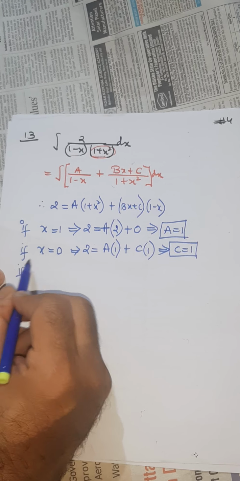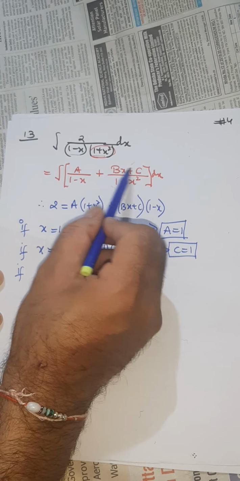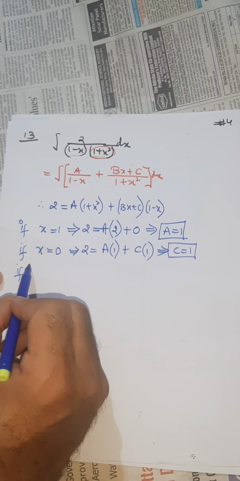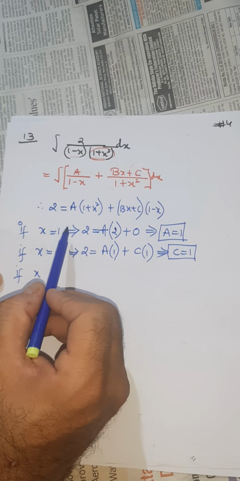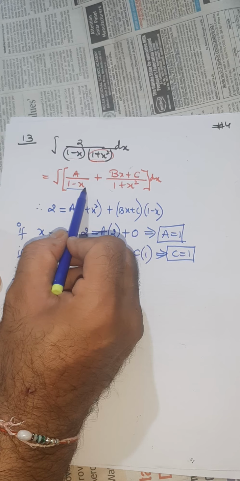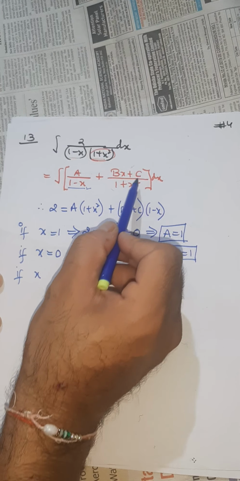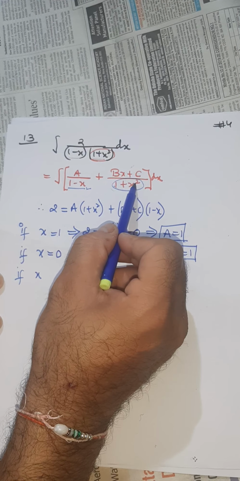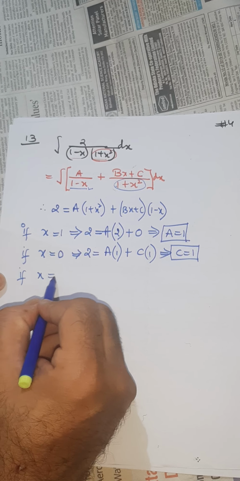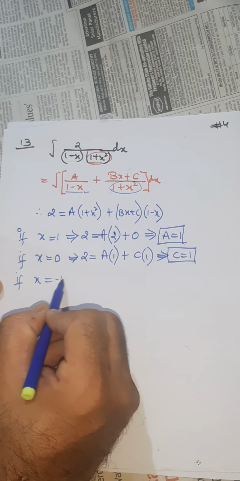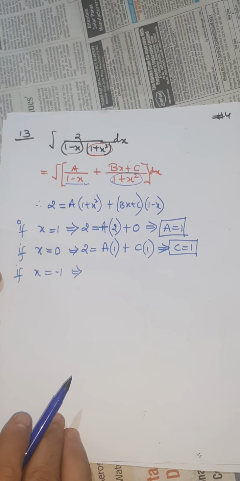You need one more x because there are 3 unknowns, so you must choose 3 values of x. Now I've chosen 1 because this becomes 0. There is no x for which 1 plus x square is 0. So 1 I have taken 0, the next you can take minus 1. So let's take minus 1 here.